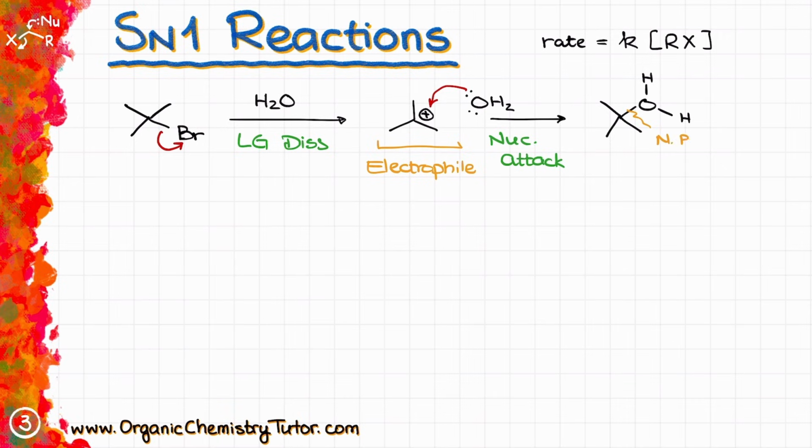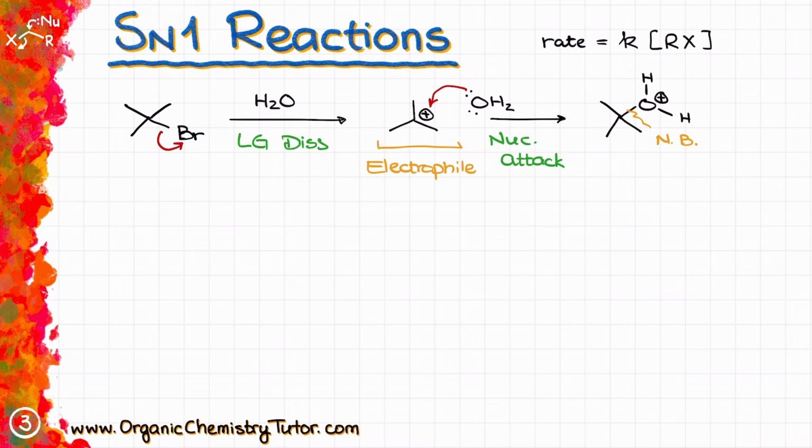I will show it as a new bond, and because oxygen gave electron density to make that bond, the oxygen is now going to have a positive charge. Be very careful with your formal charges when you are working through those reactions, because if you lose your charge in the mechanism, then you are most likely going to lose points on the exam as well, and a few points here, a few points there will add up very quickly, so be extremely vigilant about that stuff.